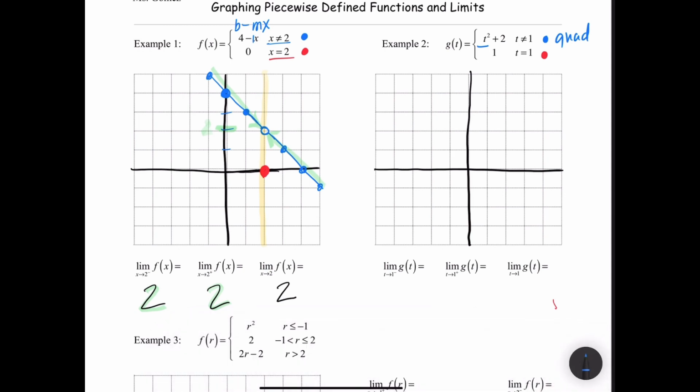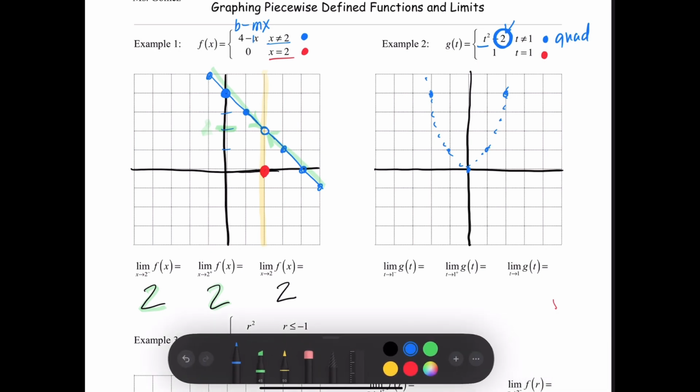So I know that I have a vertical shift upward by 2. So a normal quadratic is like 0 squared, 1 squared, 2 squared, right? That's what a regular quadratic looks like. Except I know that this whole quadratic has been shifted up by 2 because of my plus 2.